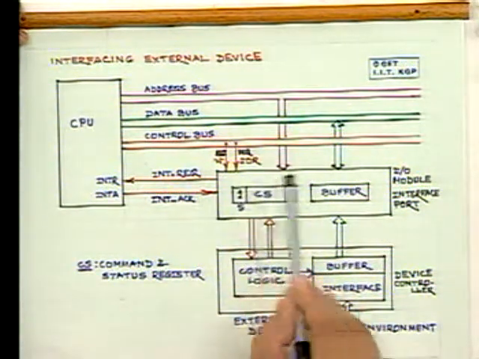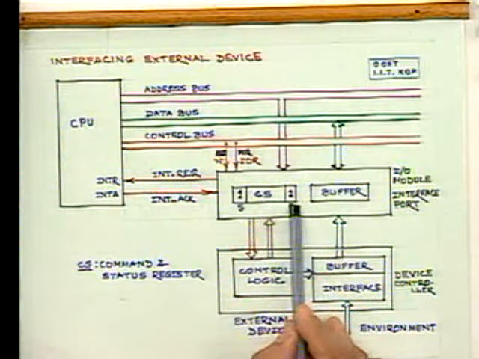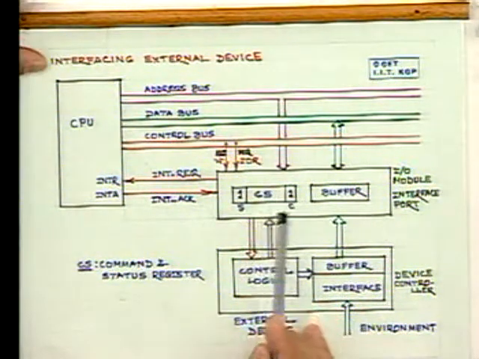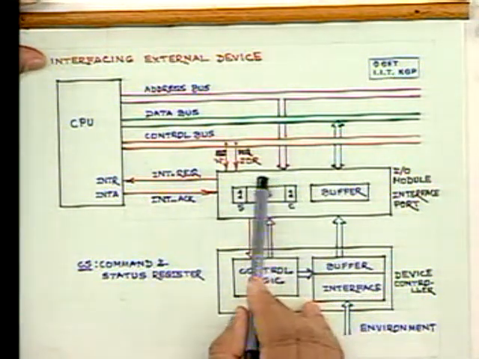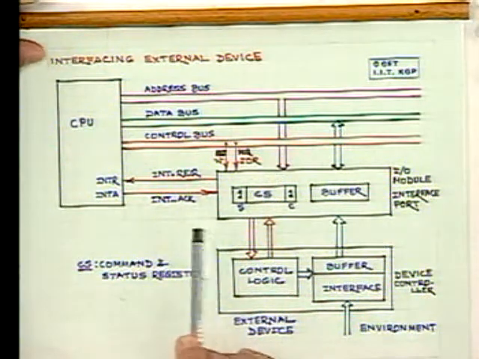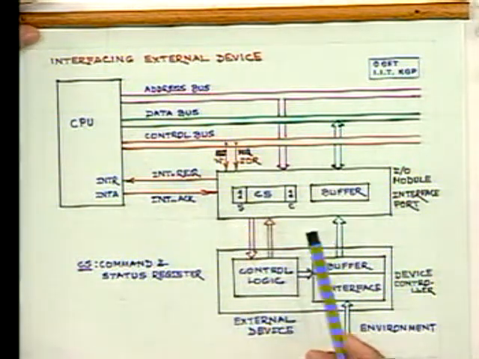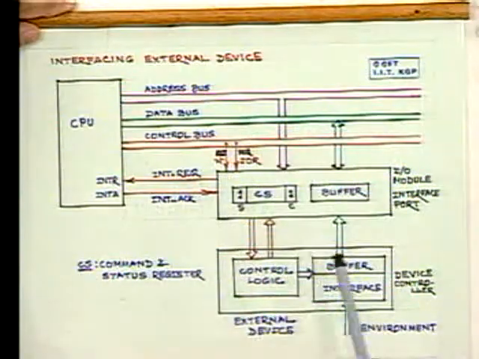There may be a separate command register and a separate status register, because many commands can be there. In the case of a disk drive, for example, search a surface, then seek a sector, and so on, the read, write. Therefore, there may be a separate command register.